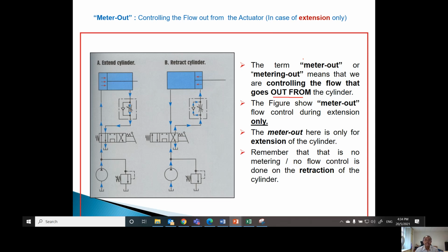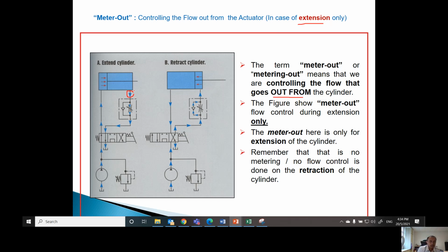That's why it's meter out. And this is how we can achieve meter out during extension only. I hope you can see the difference. Since this is meter out, we want to control the movement when the flow is leaving the actuator.